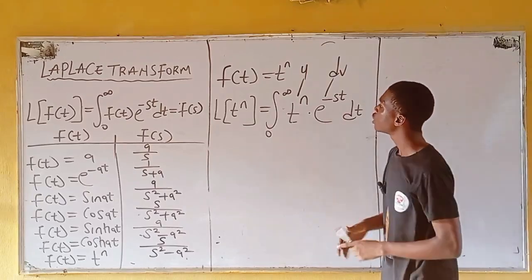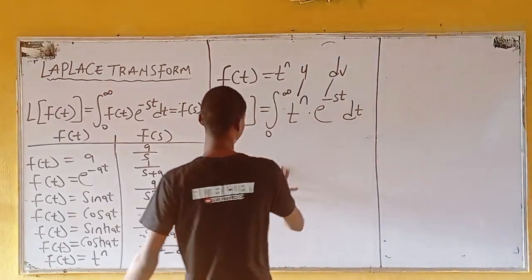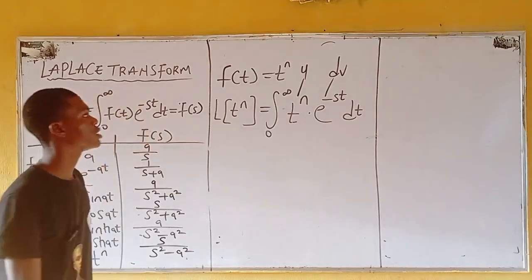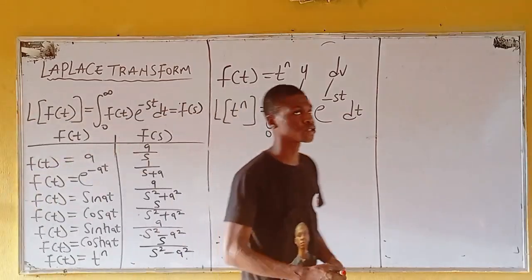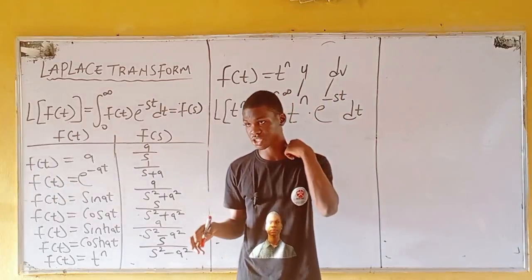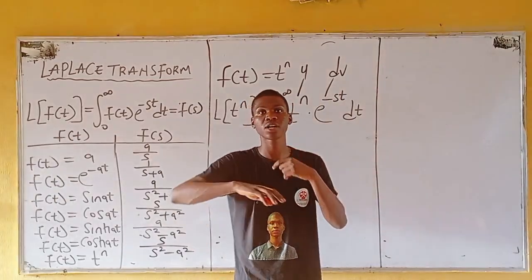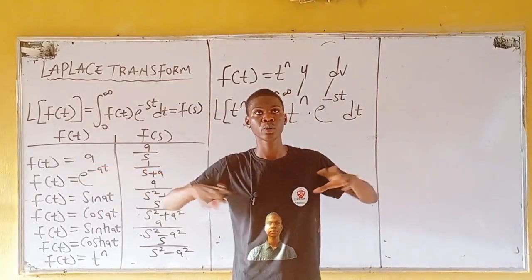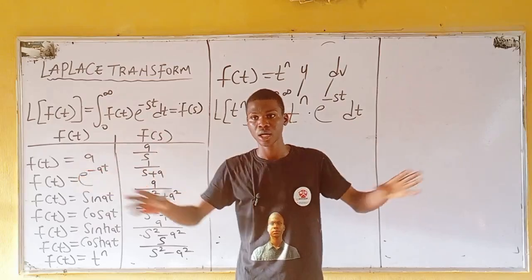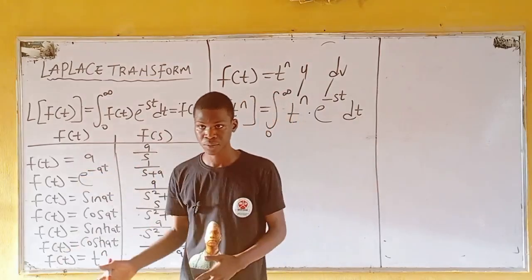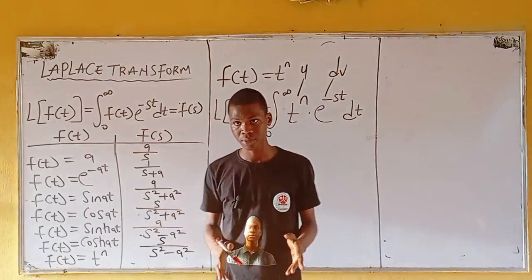Now, solving this function using the other method is called the gamma function. When it comes to integration generally, we have different forms of integral, called integral transforms. Laplace is one of them.